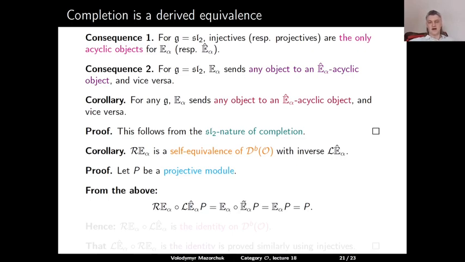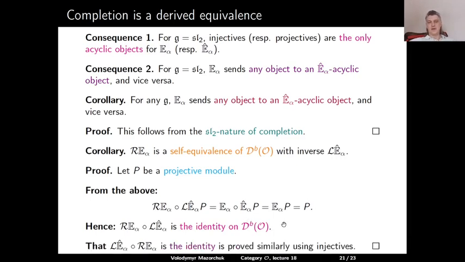But then E alpha after E alpha hat is just E alpha, and E alpha is identity on P. This implies that the composition of R E alpha after L E alpha hat is the identity on the bounded derived category. And usually we prove that the composition in the opposite order is the identity on the bounded derived category when we use injective modules.